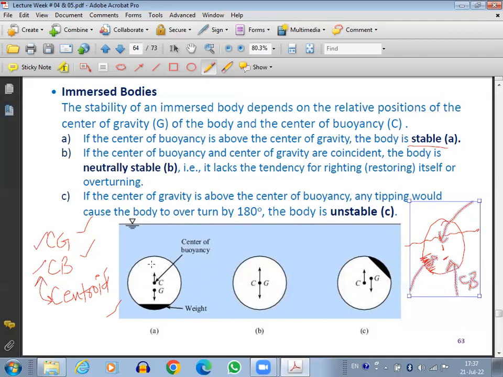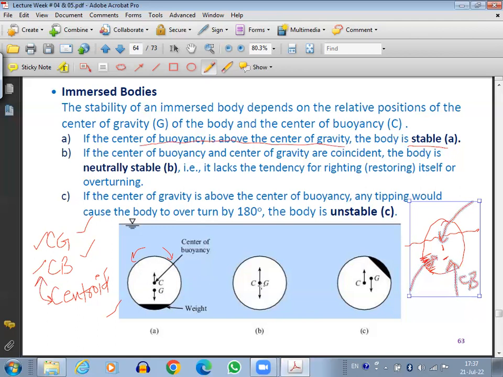Suppose you turn it slightly like this, the C and G will move in a way that they return back. The moment produced because of the rotation or heel is the righting moment, which returns it to the original position. So this is the stable condition: center of buoyancy is above the center of gravity.